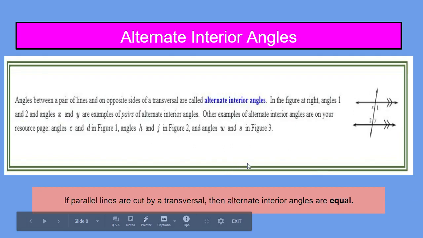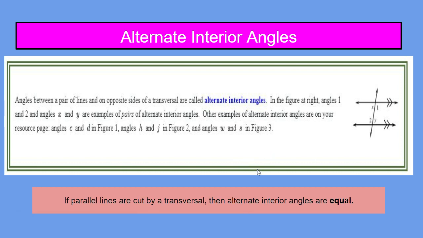Alternate interior angles are basically the angles where they're both inside the parallel lines. So if you look inside the parallel lines, they're angles on opposite sides of the transversal. So 1 and 2 are alternate interior angles, and X and Y. Now, something this lesson is not talking about yet is alternate exterior angles.